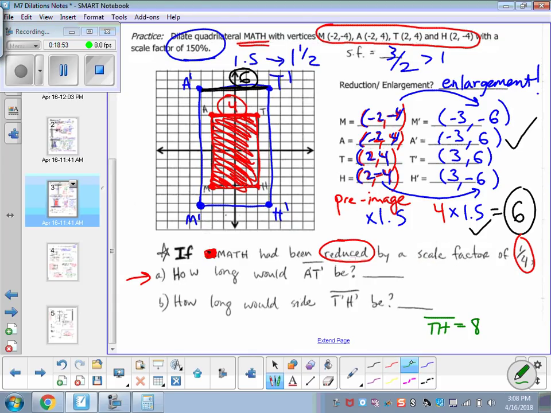Well, AT is currently those 4 units long. So now we're going to multiply by 1/4, and we're going to see that A prime T prime, 1/4 of that would really just be 1 unit long. Okay?